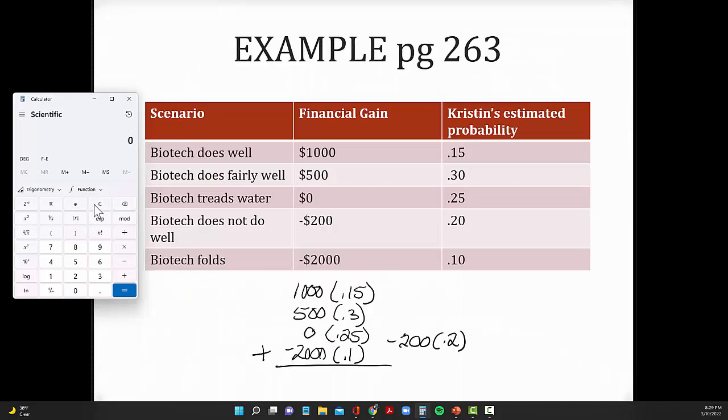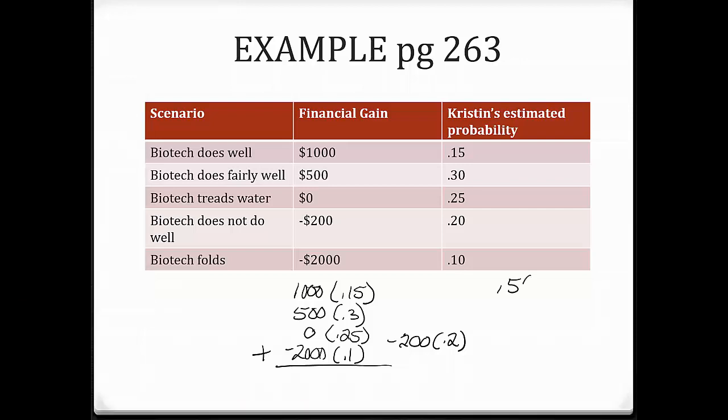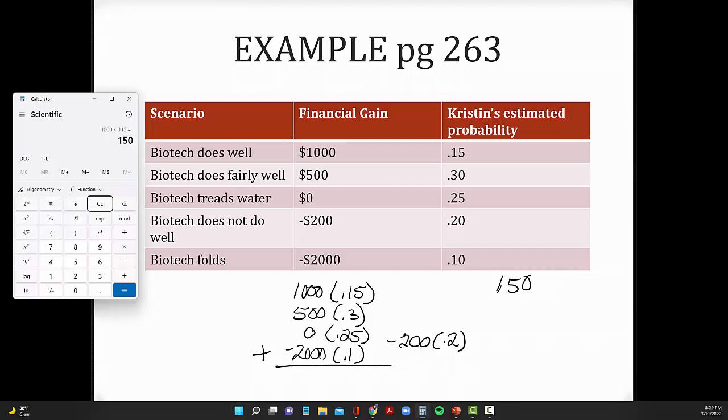Clear. So we got 1,000 times 0.15. That's 150. I'll add all these up in a second. And then we got 500 times 0.3. That's 150.